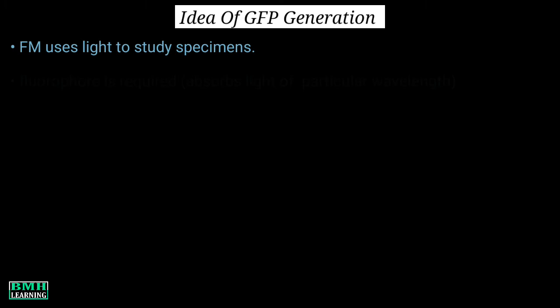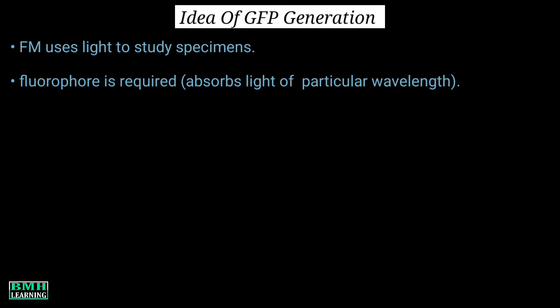Now let's talk about the basic idea of GFP generation. We know fluorescence microscopy uses light in order to study specimens. So we require a fluorescent chemical, referred to as a fluorophore, which can absorb light of a particular wavelength.